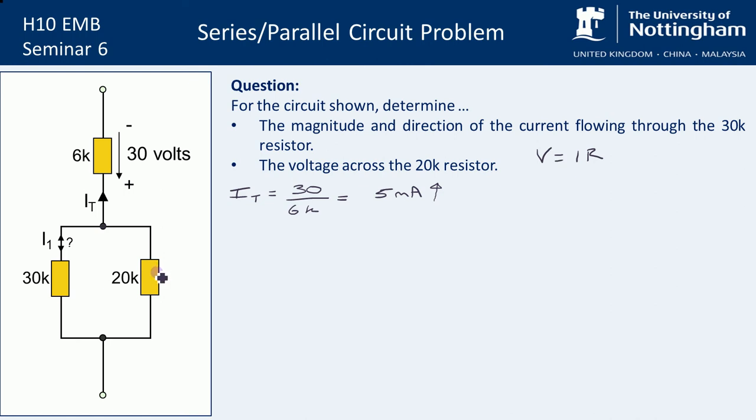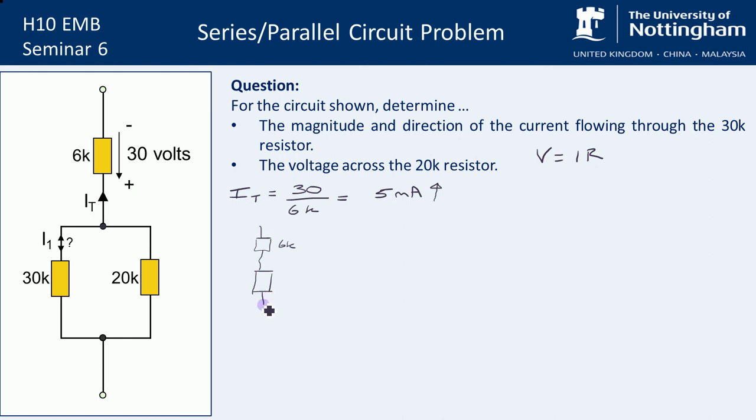However, we don't know what that total voltage drop is at the moment, so the way we can find that is by combining these resistors. So instead of having this 6k resistor at the top, and then two parallel resistors, we can combine those resistors to form a single equivalent resistance.